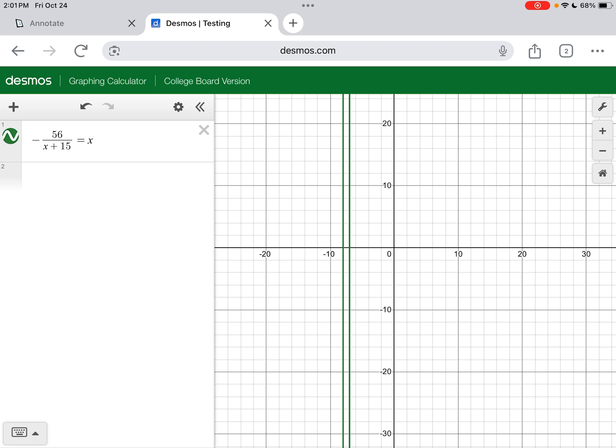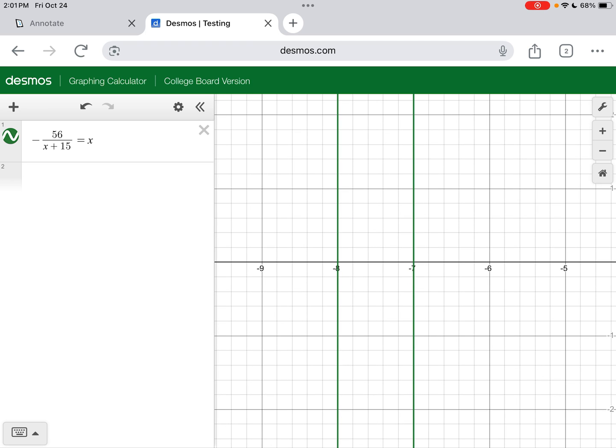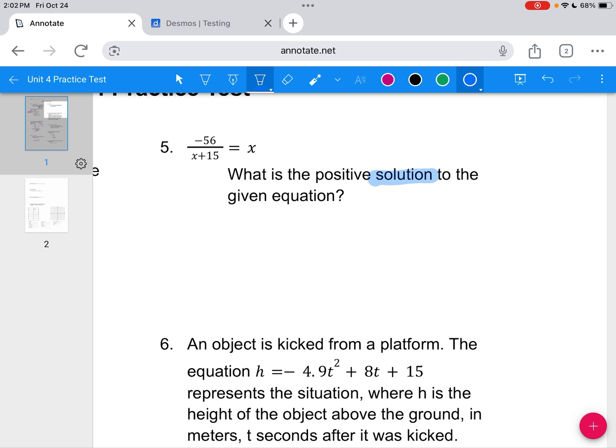So they want the positive solution. Well, if we look at our two solutions, they're going to be negative 7 and negative 8. So we would just say x equals negative 7 and negative 8. No positive solution.